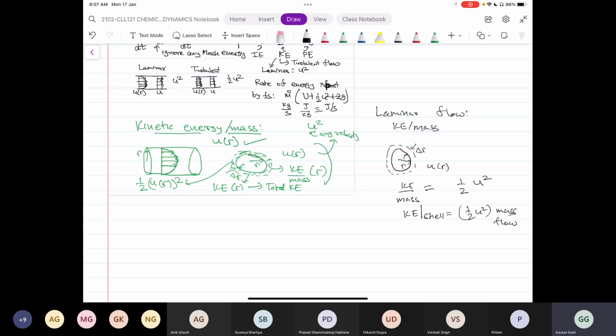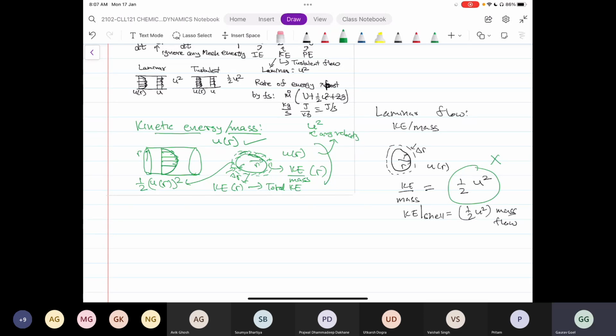Therefore, averaging this quantity would be wrong. Yes, sir, I understood. Rather, you want in the numerator kinetic energy across the entire cross section, in the denominator mass flow across the entire cross section.